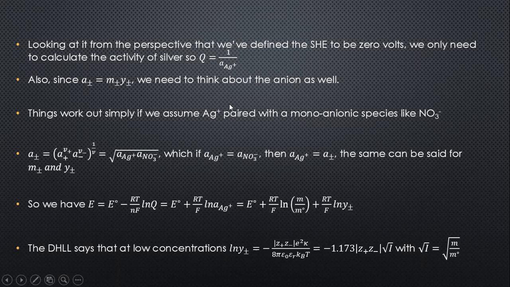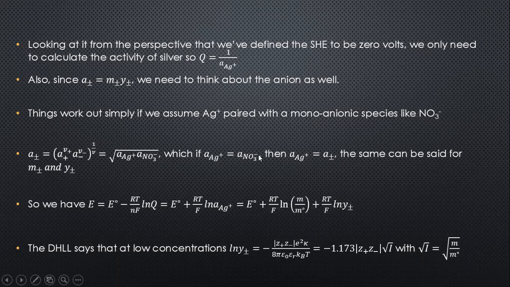Things work out simply if you just assume silver is paired with a monoanionic species, nitrate. So the mean ionic activity is the activity of the cation times the activity of the anion, raised to the power of the sum of the coefficients. If this is 1 and this is 1, it'd just be the square root of these two activities.